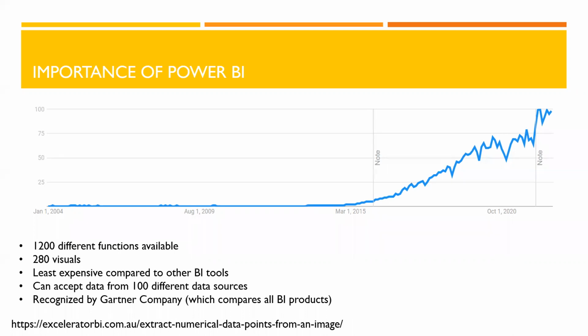Tableau Desktop costs around $70 per month, and Power BI Service costs around $10 per month. So you can see the paid version of Tableau costs 7 times more than Power BI. And Power BI is much better than Tableau. That is a fact.